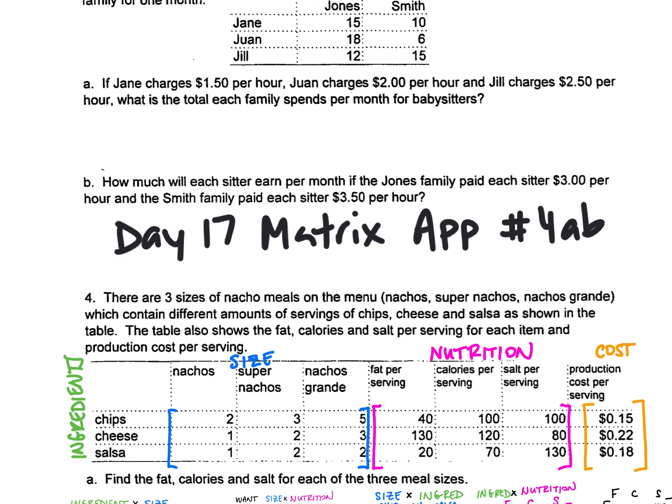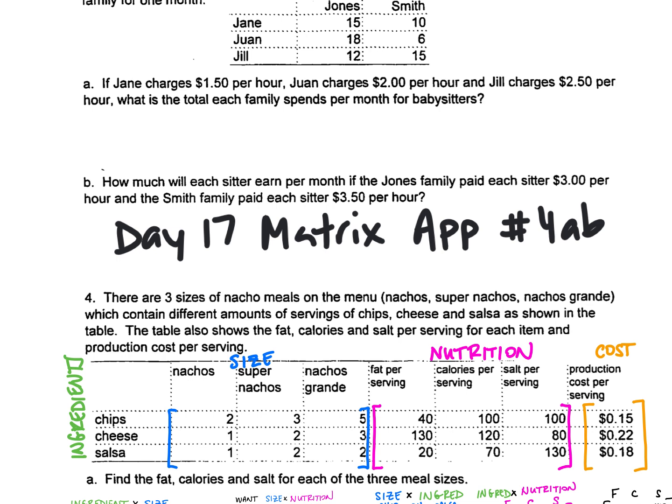Okay, so we have one matrix where our rows represent the chips, the cheese, and the salsa, and I called those the ingredients. The columns represent the nachos, the super nachos, and the nachos grande, which I called the size. So that's this matrix right here.